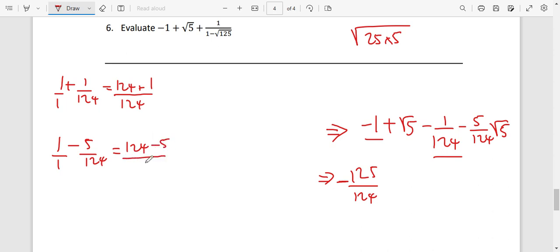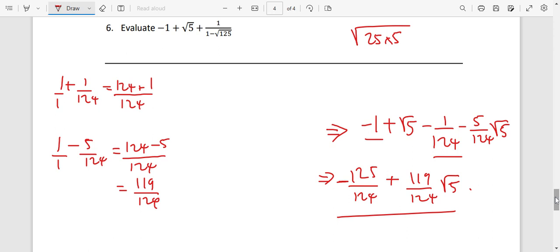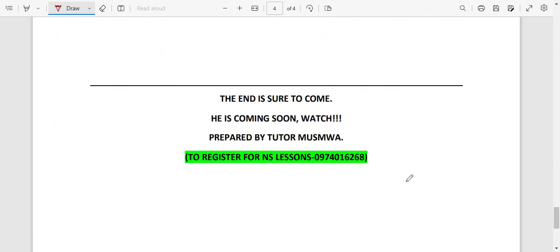Multiply the two denominators, that will be 124. 124 minus 5 will be 119 over 124. So the answer is going to be plus 119 over 124 square root of 5. So this is it. And that is going to mark the end of this tutorial.